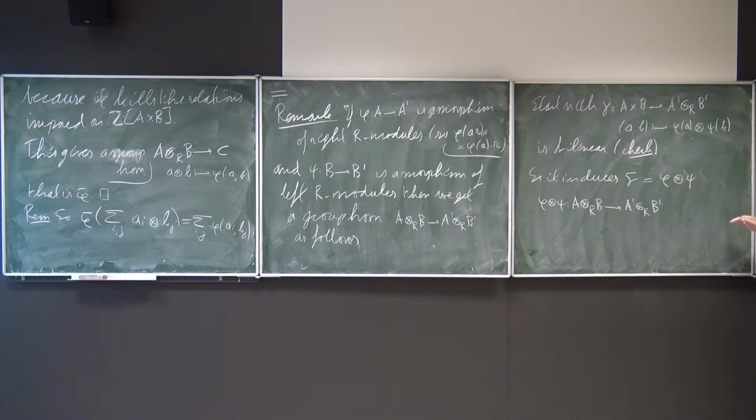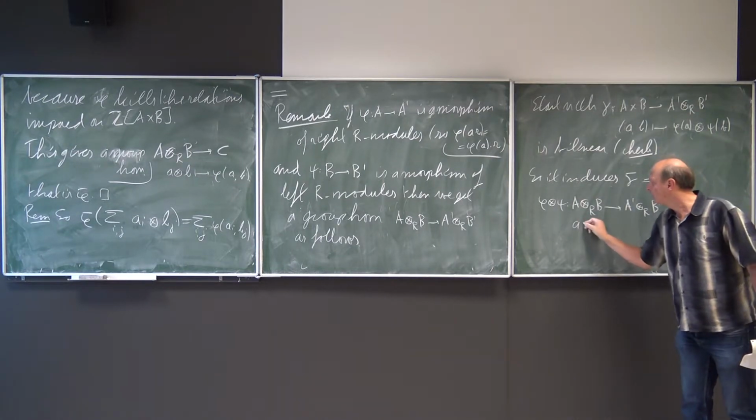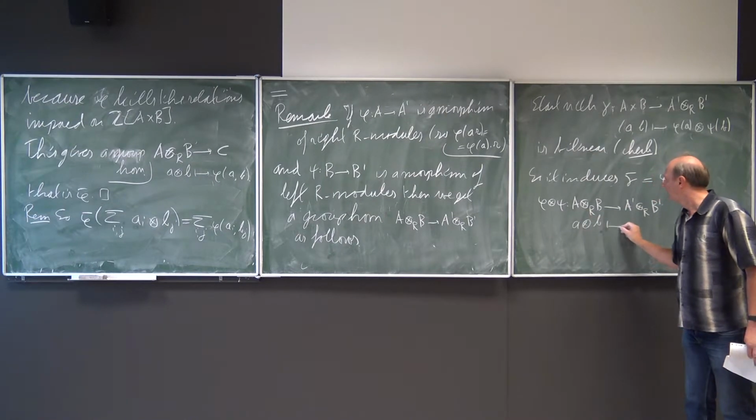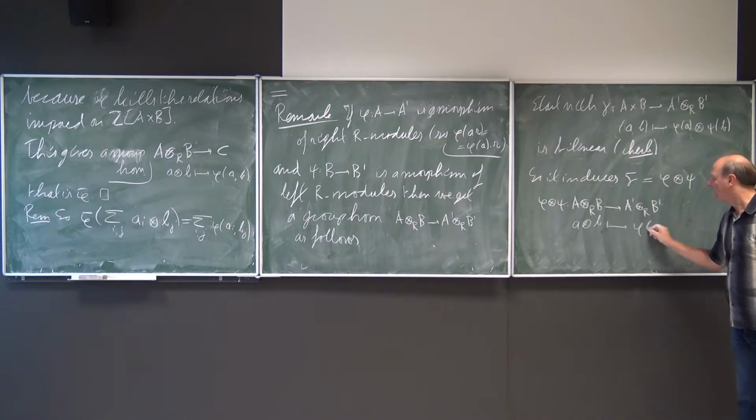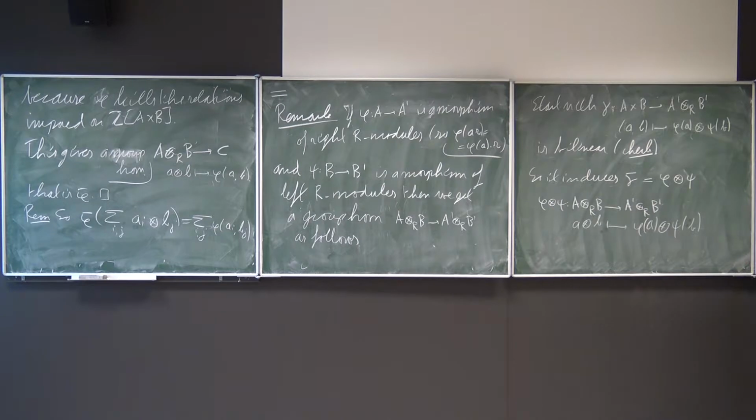And well, what did it do? It basically said if you map (A, B) to this, then in the tensor product you should map A tensor B to this. So it will map A tensor B, a generator, to phi of A tensor psi of B. Okay, so that's a very explicit formula.